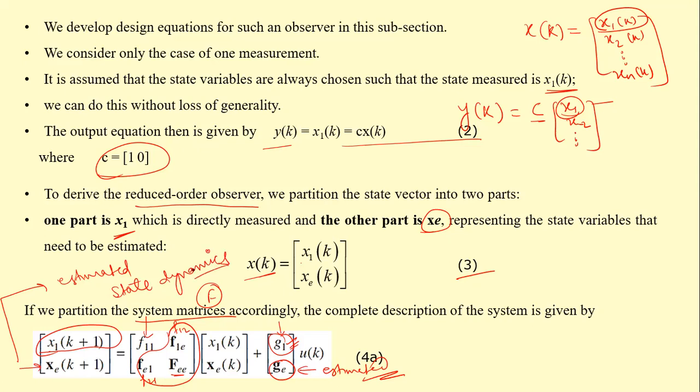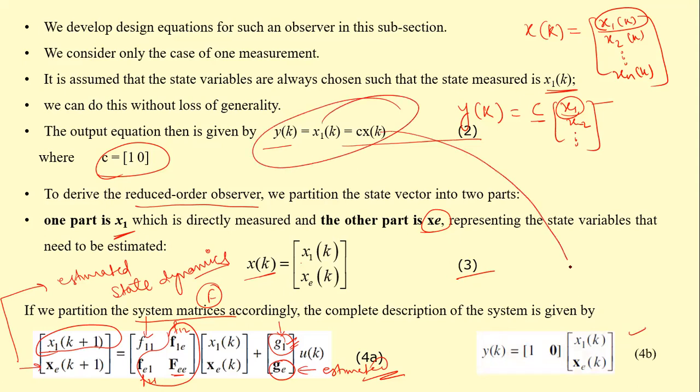Then similarly we have the output equation, which is taken as it is from here, and we have replaced xk with this one. So we have got equation number 4b, right?